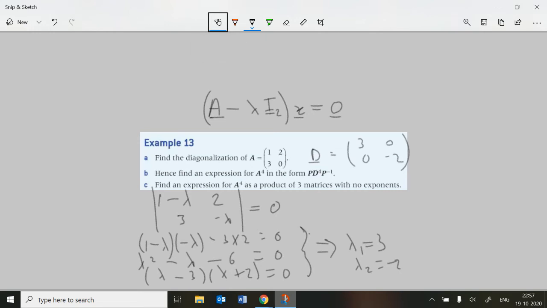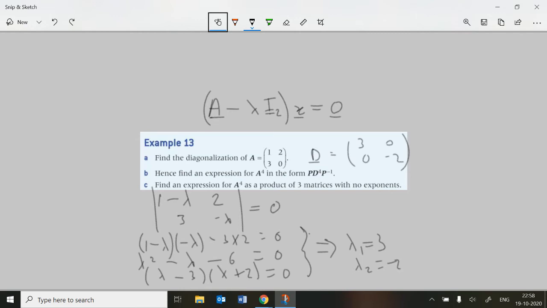So P for this part here is going to require us to have 2 eigenvectors. Now remember that the eigenvectors come from putting these values back into this matrix here, and then applying it to your eigenvector to get the 0. So let's do that then.